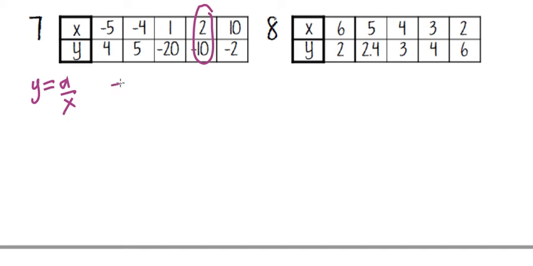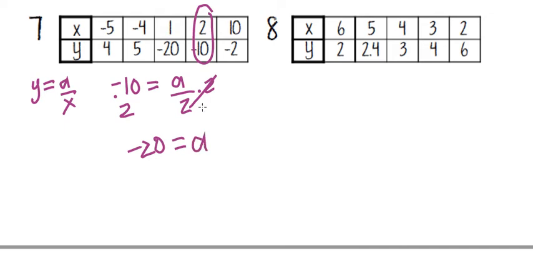So here I'd be stating that -10 is equal to a divided by 2. Here I'm going to multiply both sides by 2, and I get that -20 is equal to a. So that gives me the equation y is equal to -20 divided by x.